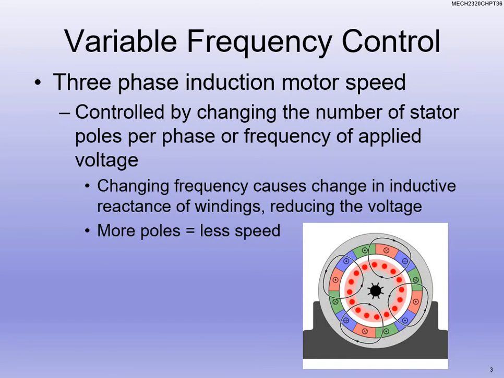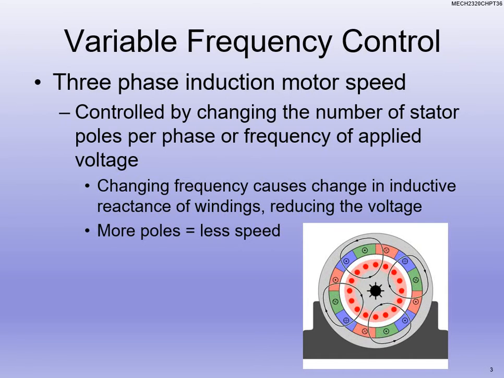Okay, so when we talked about variable frequency control, we talked about them with the consequent pole motors. We talked about changing the number of poles, which allowed us to change the voltage, which changed the frequency. So the other way is to actually put something on that changes the frequency.